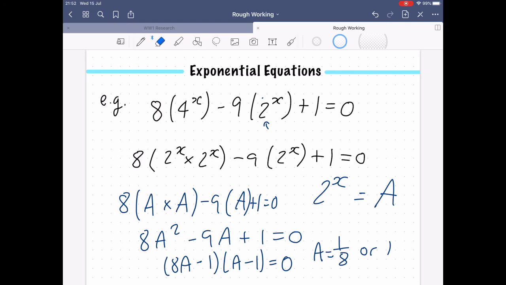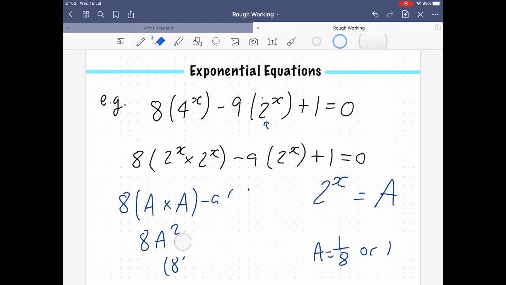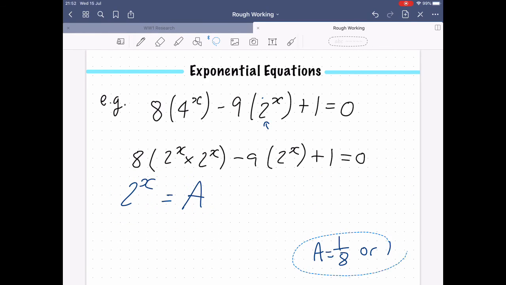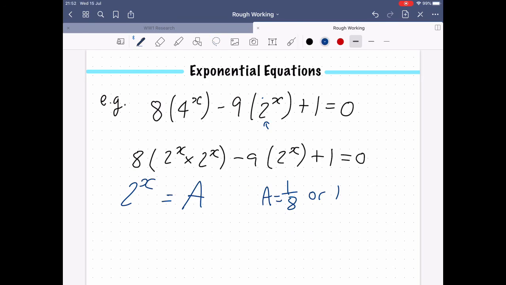So what we can do now, okay, is take these two and we equate them. So at one point we'll have 2^x equals 1 over 8 and 2^x equals 1.